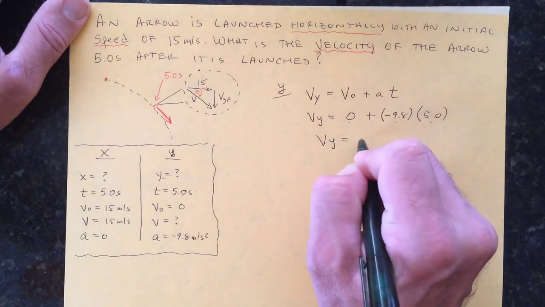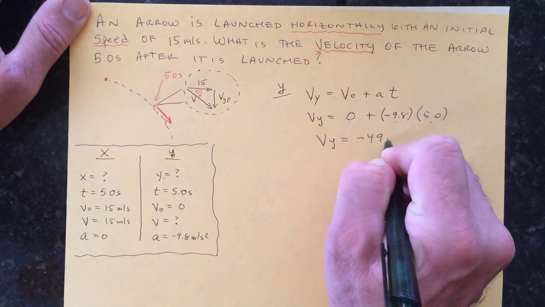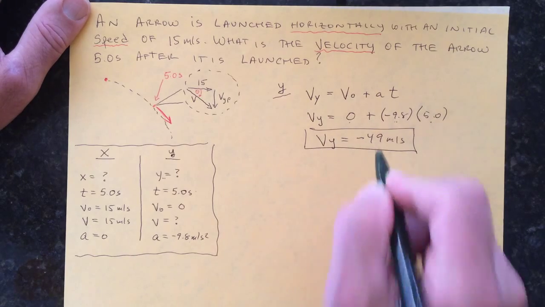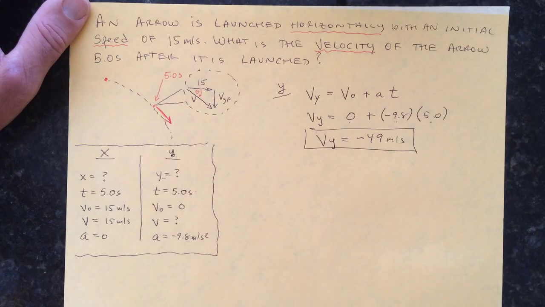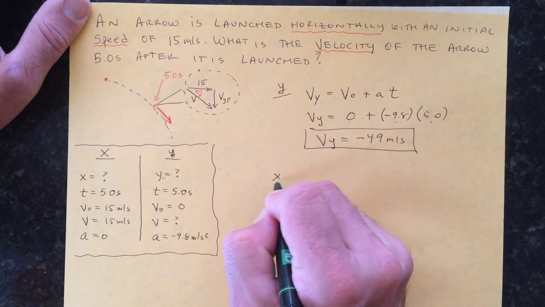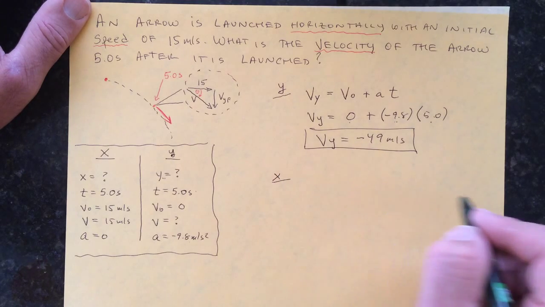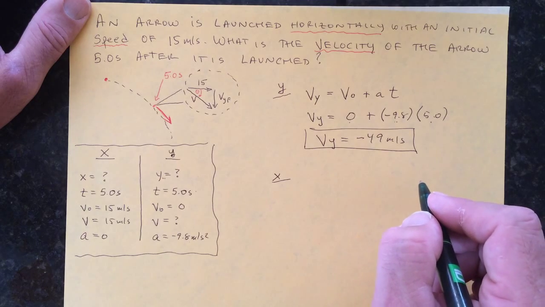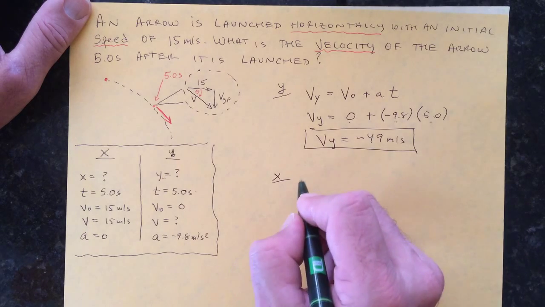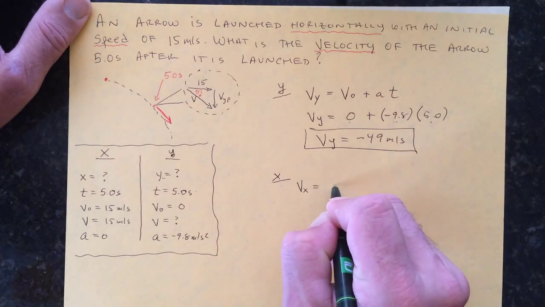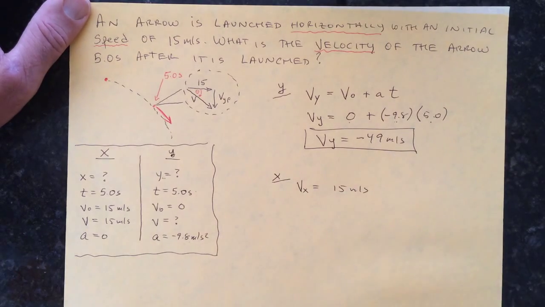So Vy is equal to negative 49 meters per second. Makes sense that it's negative because it's going downward. In the x direction, we already know this. So v in the x direction is equal to 15 meters per second, so nothing to calculate.